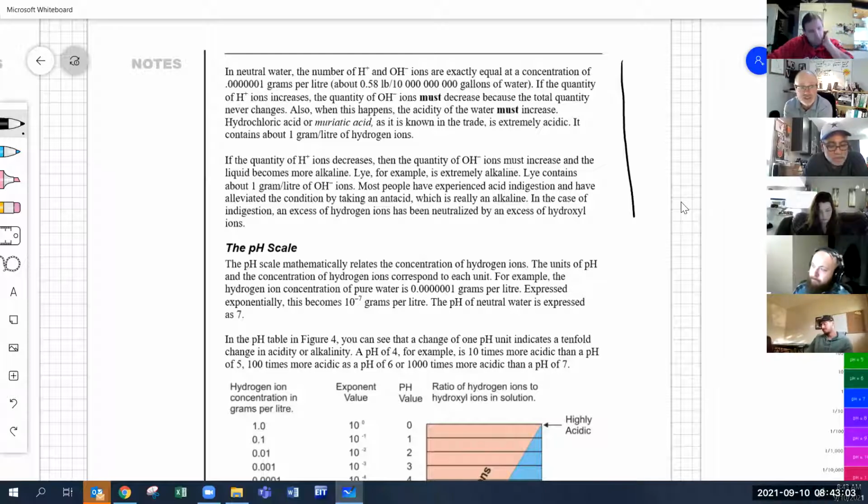Now, they go on to start talking about how most people have experienced acid indigestion. That only happens when I drink too much red wine. It's high in acid, right? It's always acidic. And you could take what's called an antacid or Tums or whatever, but that's really an alkaline. And what it's trying to do is just balance out all of those electrons in your belly. Okay, that's what happens.